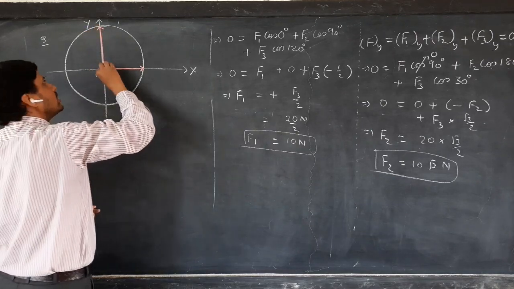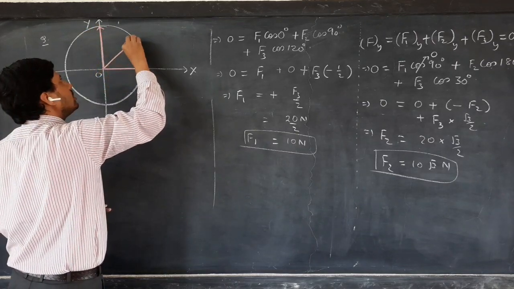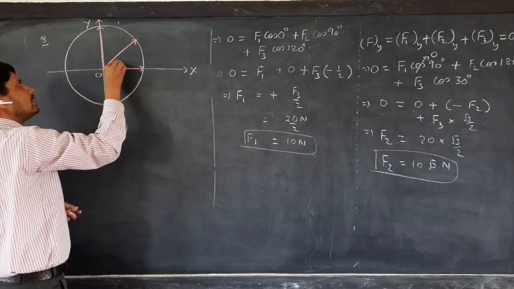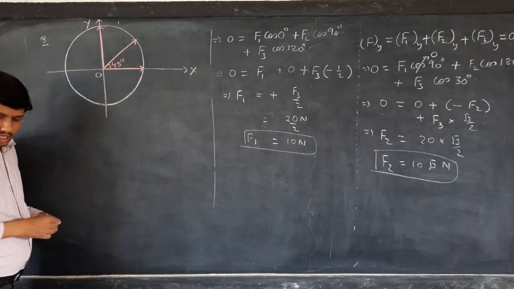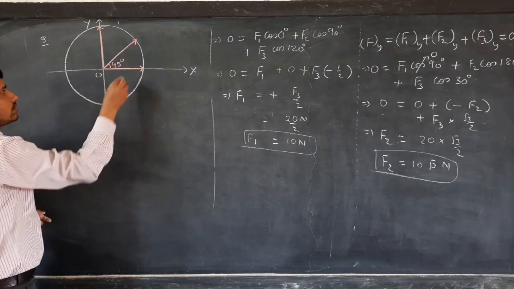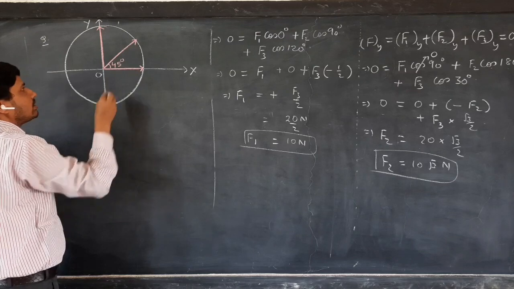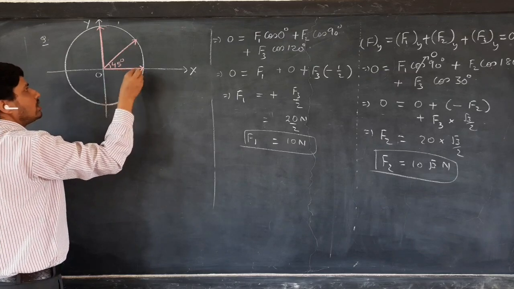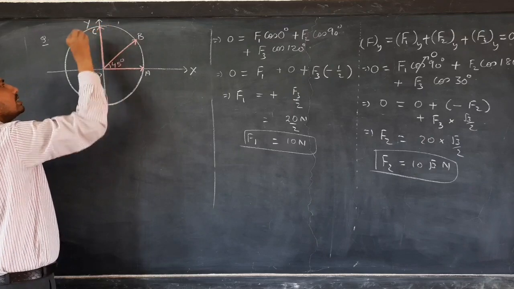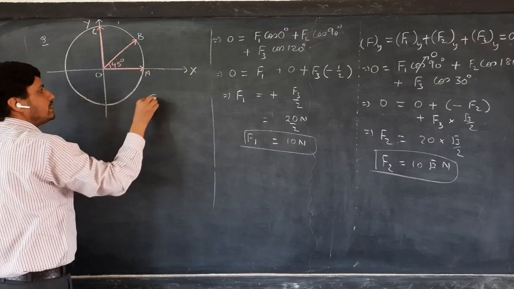And there is third vector like so, at an angle of 45 degree. You have to find the resultant of these three vectors. So this is O. I can name this as A, I can name this as B, I can name this as C. So the question is find.